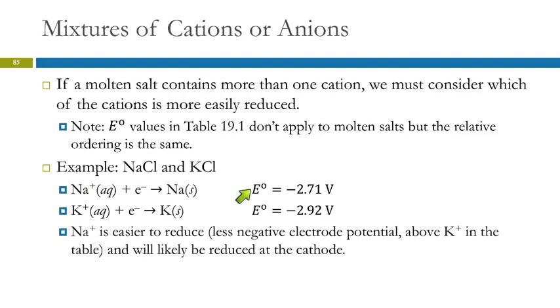So when we're looking at these, a positive electrode potential is one that's going to occur more easily than a negative or a large negative one. This is a very large negative potential, and so that's why you have to apply a significant amount of voltage to reduce the sodium ions.